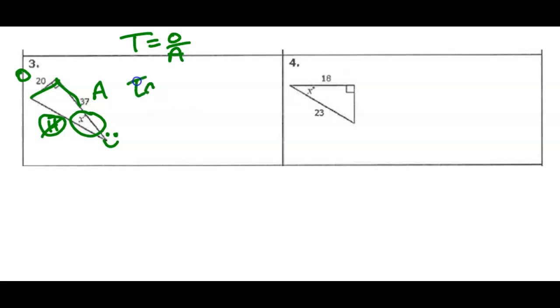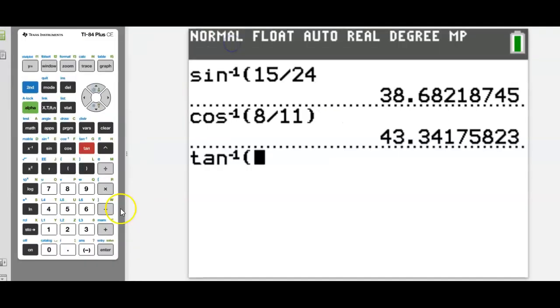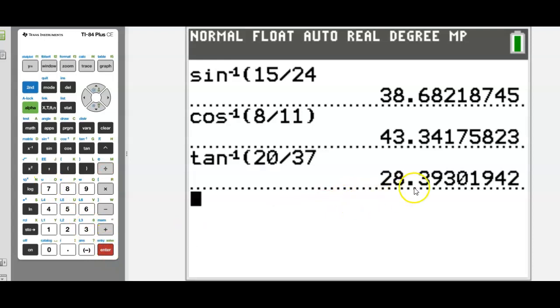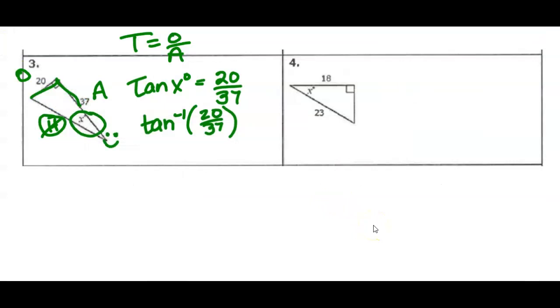So we're going to say the tangent of x degrees equals opposite over adjacent. And then again, because we're looking for the angle, we do that second on the calculator to get the angle in degrees. So second tangent, 20 over 37. Enter, is 28.4 degrees at x.